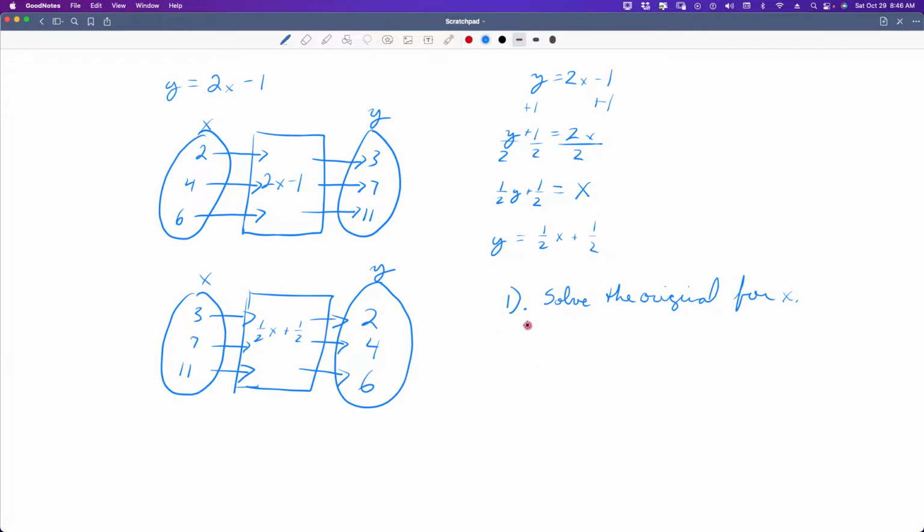And then we would replace every x with y, and then we would replace y with x. Basically, that means we're just going to exchange y's and x's.